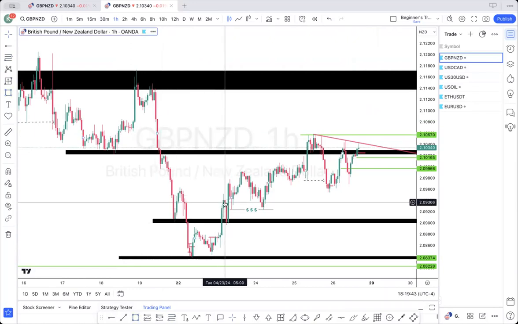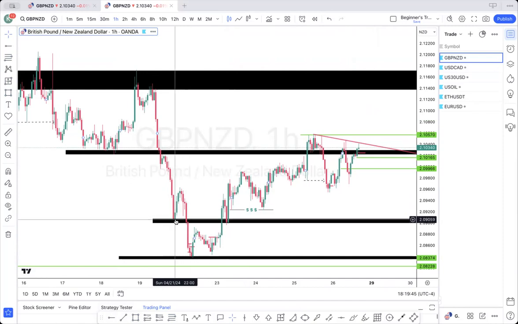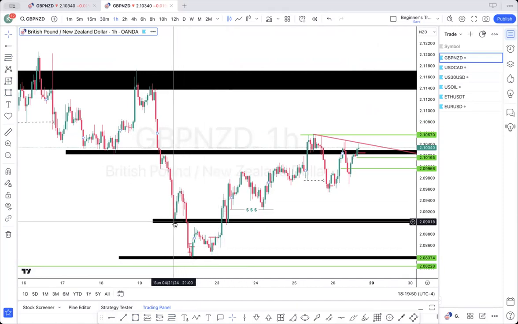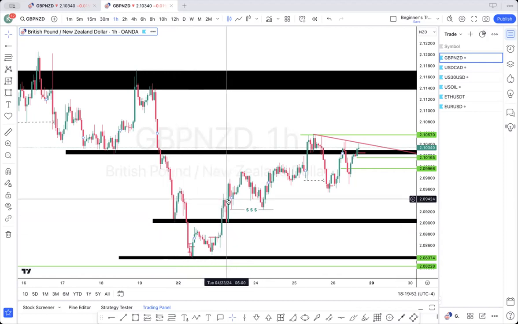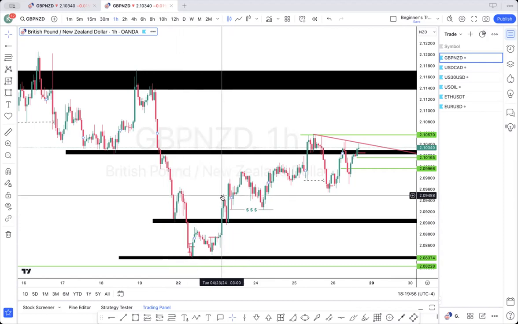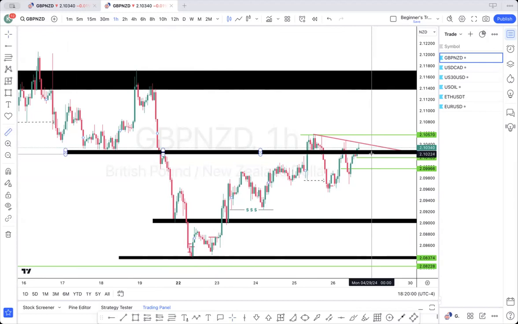And you see how this 1-hour level of support got broken through, came back as support. So this is a 1-hour zone for me. If you wanted just to trade from this 1-hour zone to this 1-hour zone, that is perfectly fine.